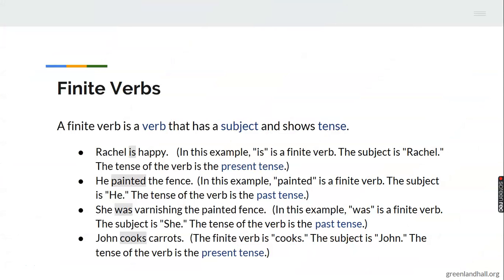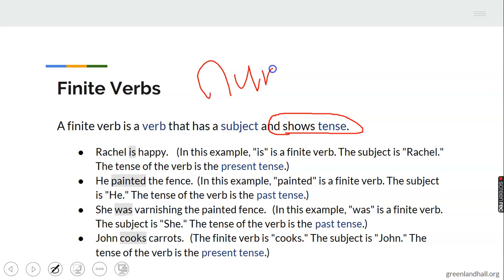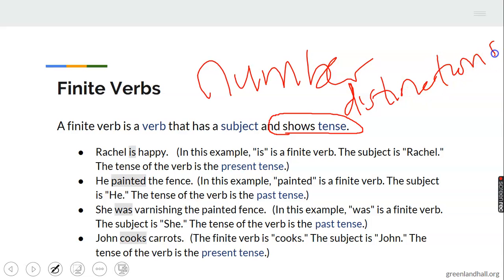And let's go to the finite verb. They show tenses and number distinctions. You'll see the illustration in further slides. Number distinctions, in the sense that the verb is always in agreement with the subject.